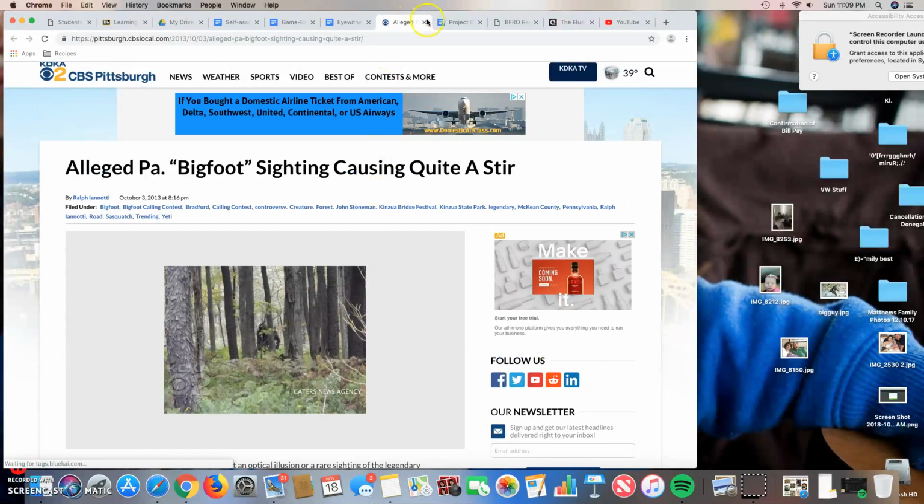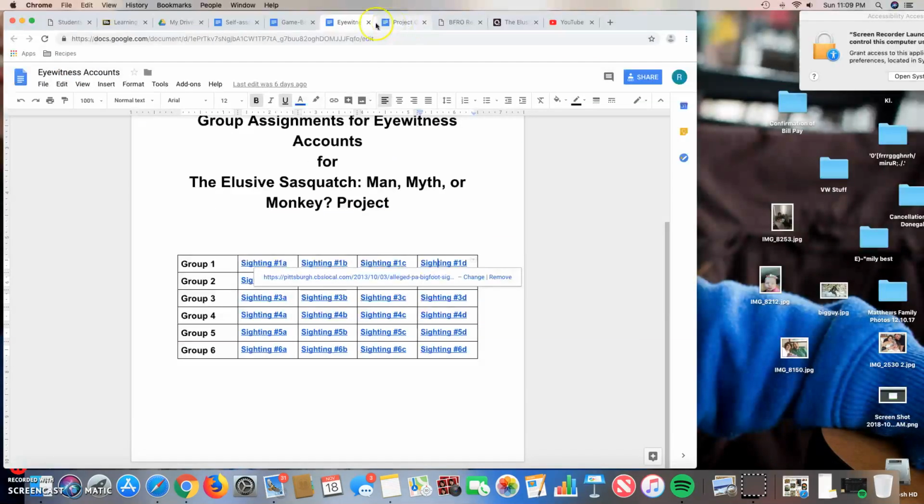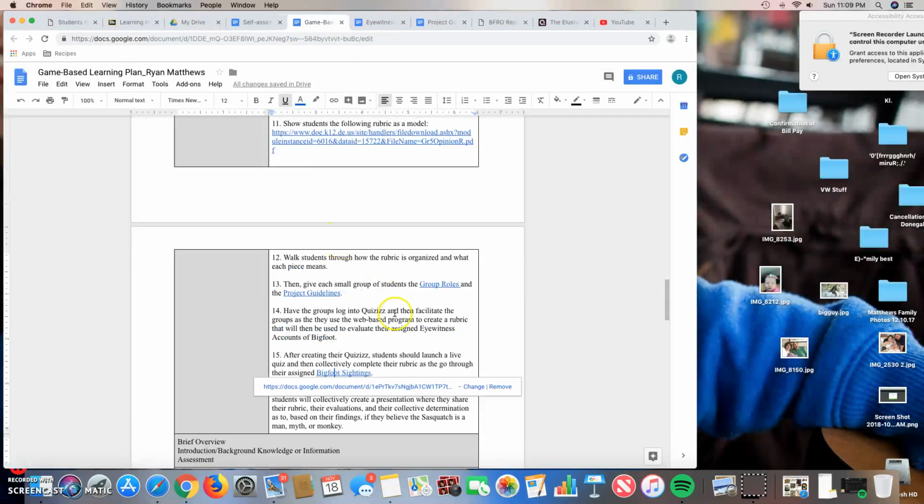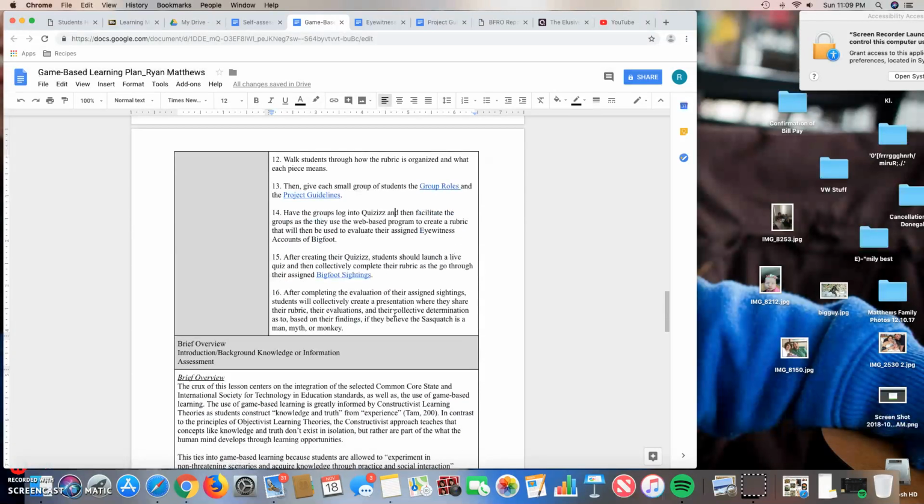And make decisions. But the great thing about the Quizizz app is that they will be making these decisions in real time together, and they can see what they're feeling about it. And then once they've done all this, students are going to create a presentation as a summarizing activity where they're going to share what the rubric was and give a link to the quiz. They're going to share their evaluation of each eyewitness account, each of the 4.